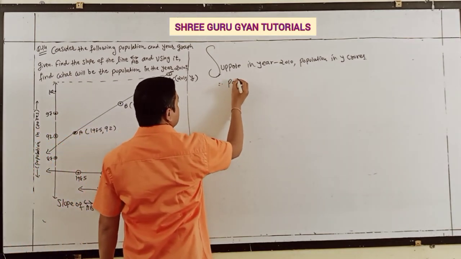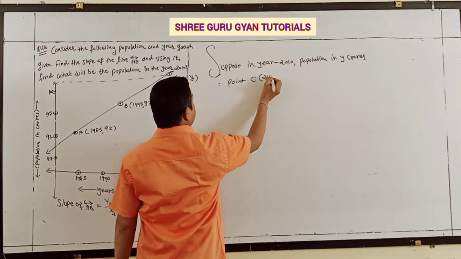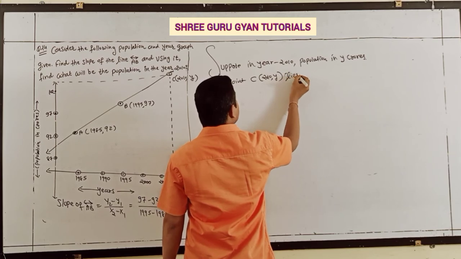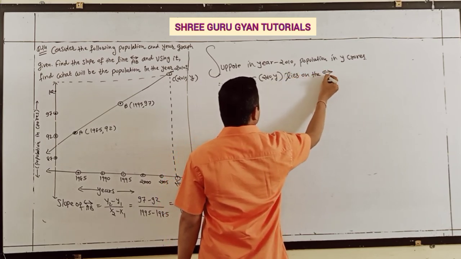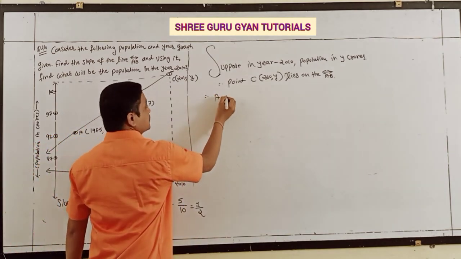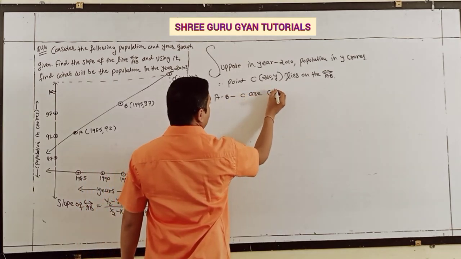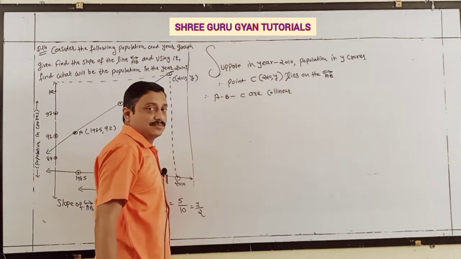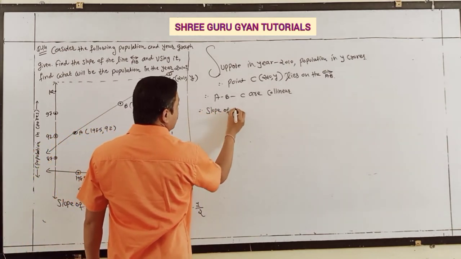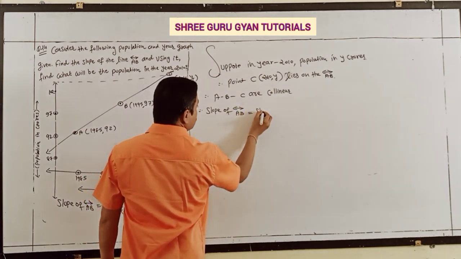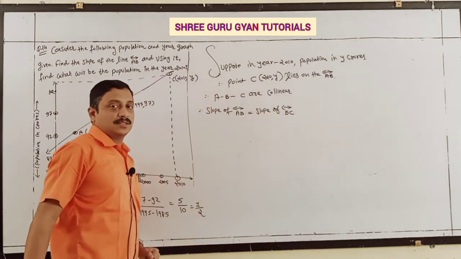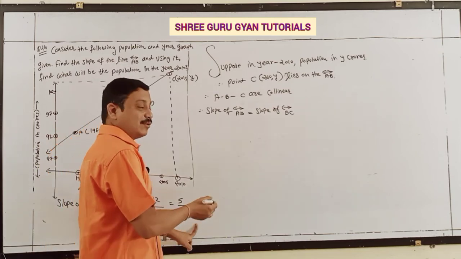So point C (2010, y) lies on the line AB. That's why we can say A, B and C are collinear. Now, collinear means what? Slope same. So I write the slope of line AB is equal to the slope of line BC. The slope of AB we already calculated as half.